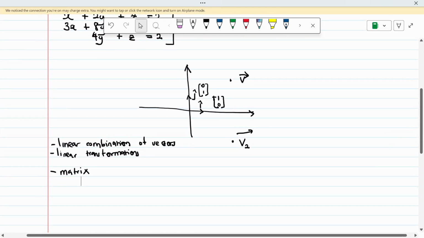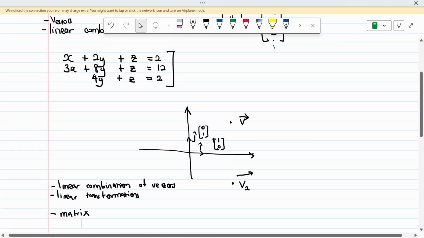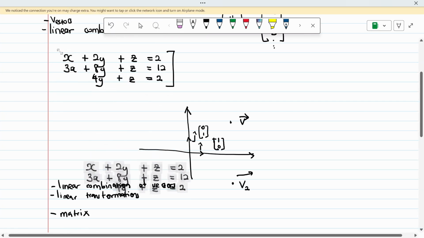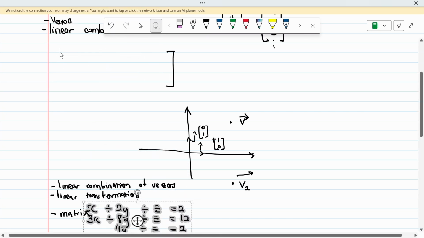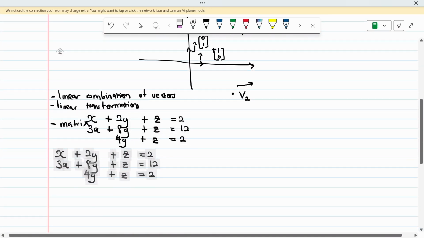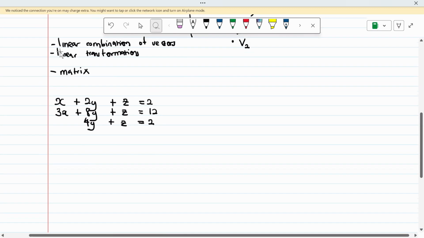Then last week we looked at solving a linear system of equations, and we saw that this system of equations can be represented as a matrix-vector multiplication.